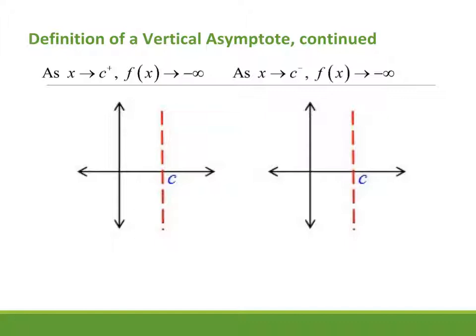Additionally, as x approaches c from the positive side, we could still have f of x approaching negative infinity, or as x approaches from the negative side of c, f of x can approach negative infinity.